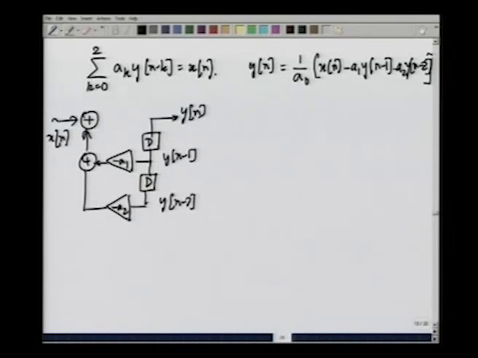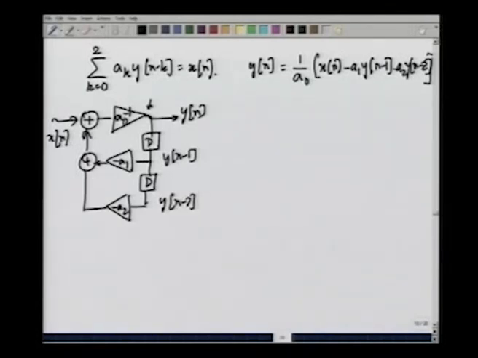This is just A naught times yn, but we do not want A naught yn, we want yn. So, we just now here put a forward looking scaling block and write here A naught to the power minus 1, that is 1 by A naught. What do you find at this point? You just find yn. So, you have got yn once again.